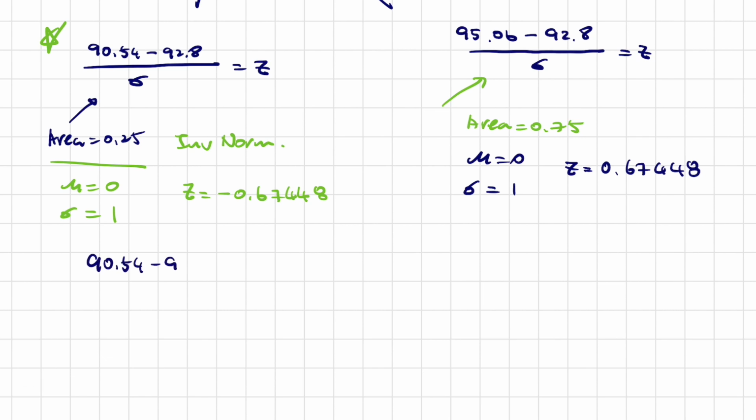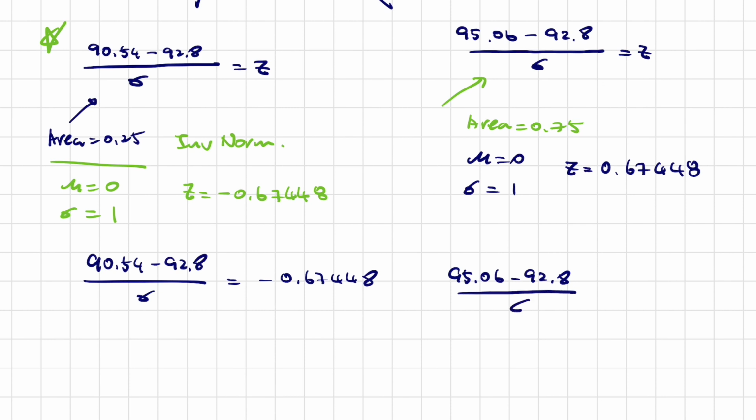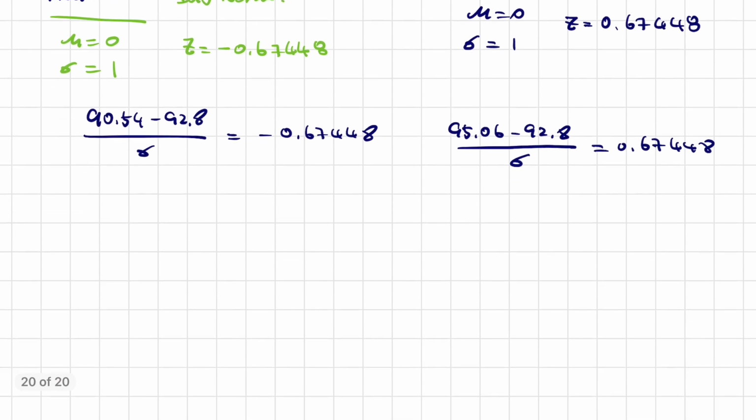Then we can say 90.54 minus 92.8 over standard deviation is equal to negative 0.67448. And for the second case, 95.06 minus 92.8 divided by the standard deviation is equal to 0.67448. Simplifying these equations gives us negative 2.26 over standard deviation equals negative 0.67448.